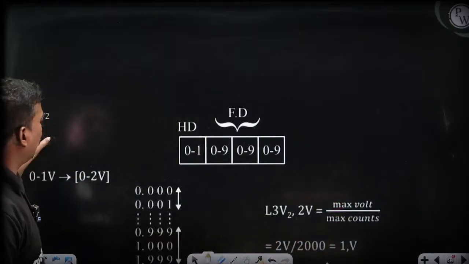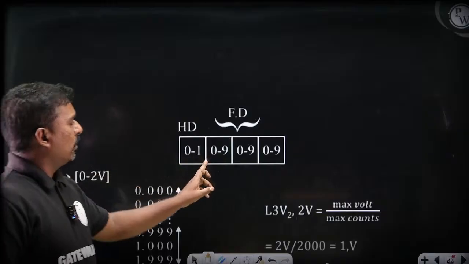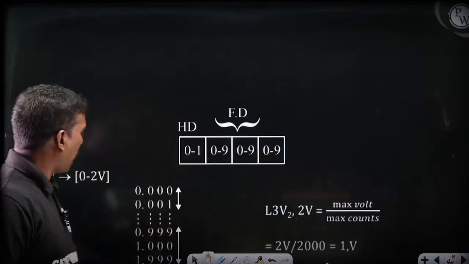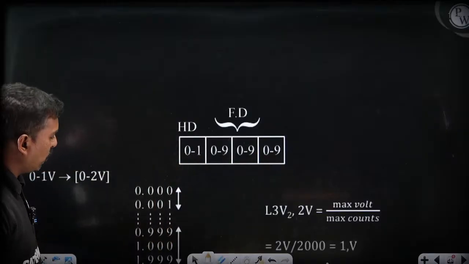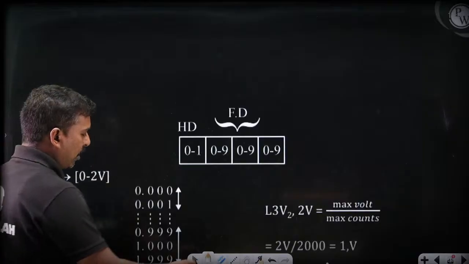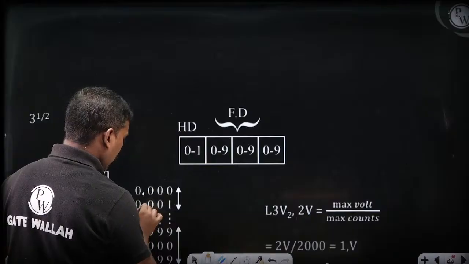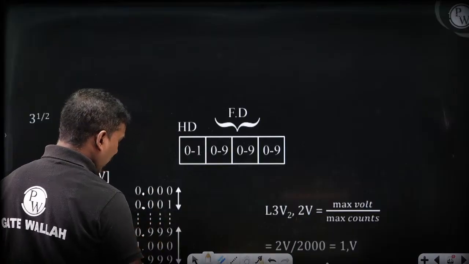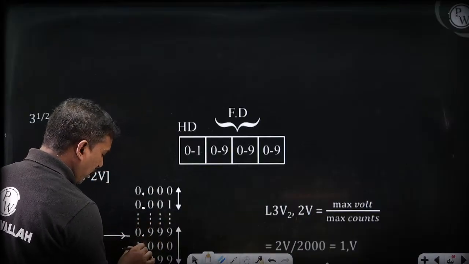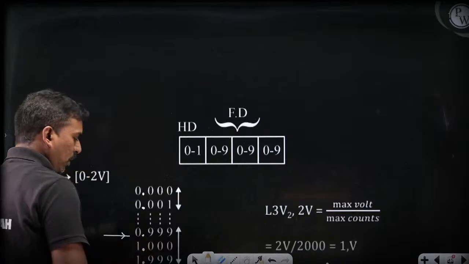For the 3.5 digit, the half digit is 0 to 1 and the others change from 0 to 9. So for 0 to 1 volt we have 0.000 up to 0.999. Next is 1.00 to 1.999.